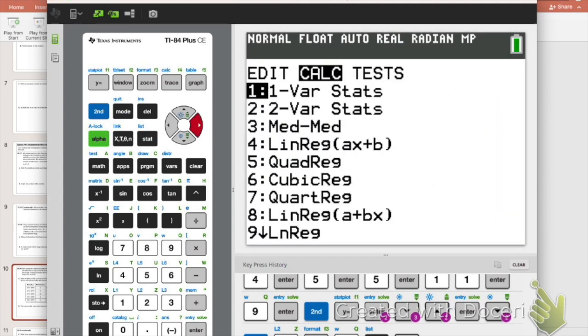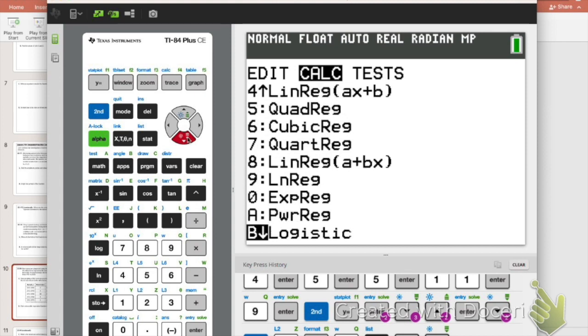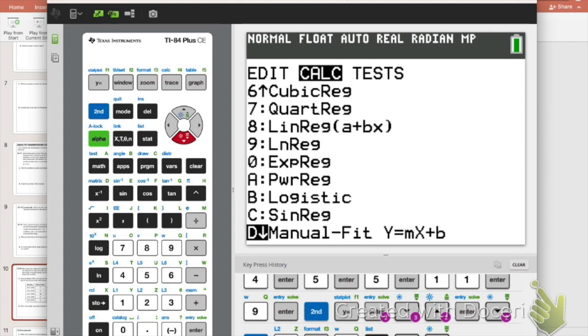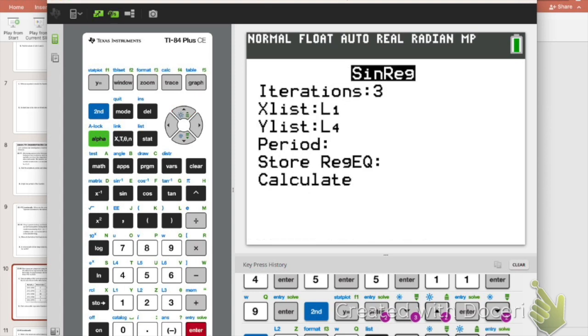So stat calc. Now remember, this is our world of regressions, the regs. We want to find our trig one. So we got C, sine reg, enter. When we want our iterations, your calculator will always default to 3. Pretty much it's the maximum number of times our sine reg command will iterate to find the equation.